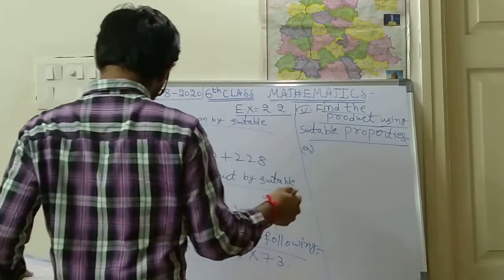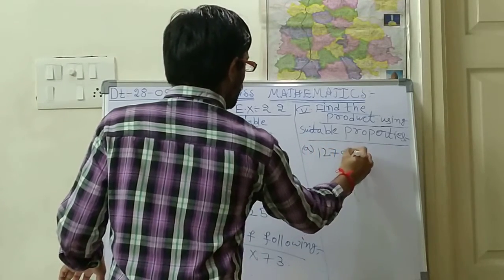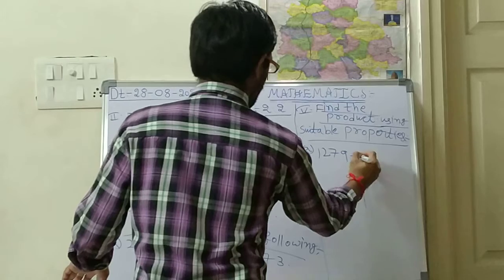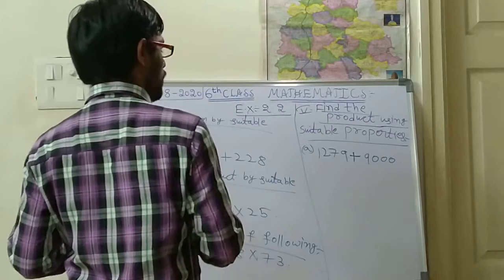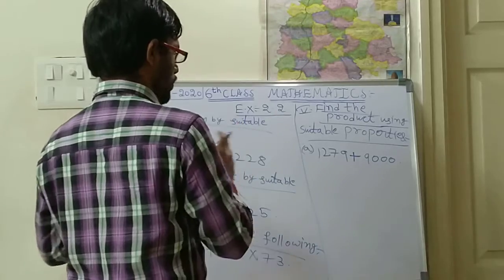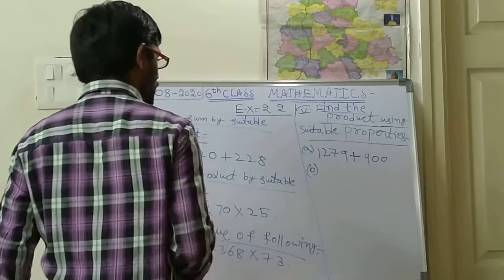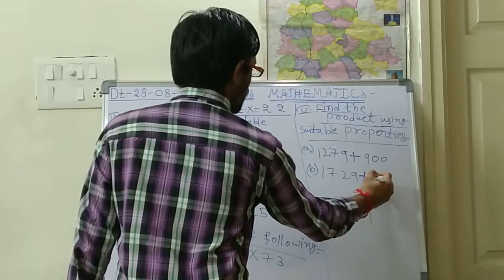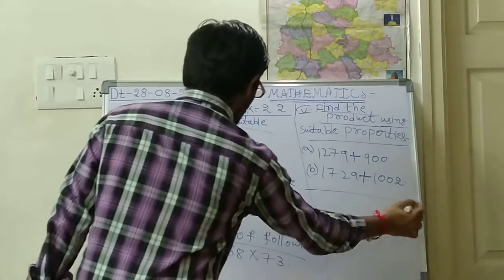First one: 1279 into 900. B problem is 1729 into 1002. Okay, these are the problems.